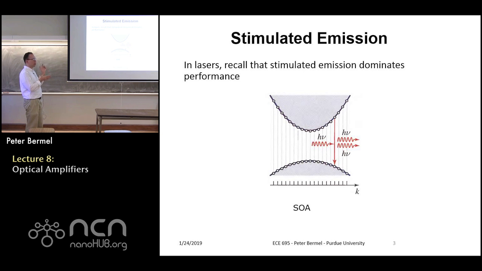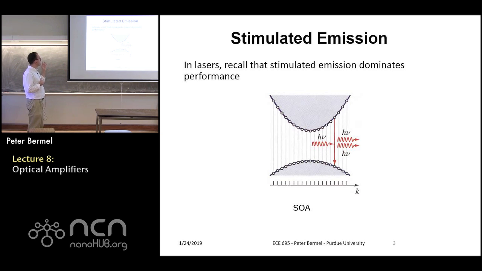In lasers, we said you have both spontaneous emission and stimulated emission. They both have a certain rate, but the rate of stimulated emission can be tuned by the photon density and the level of population inversion, right? If you have high population inversion and high photon density, you have lots of stimulated emission.